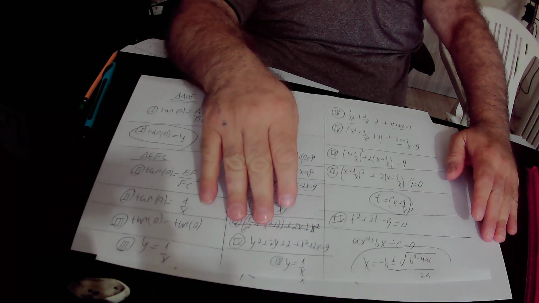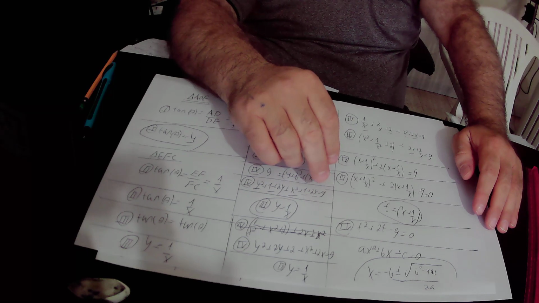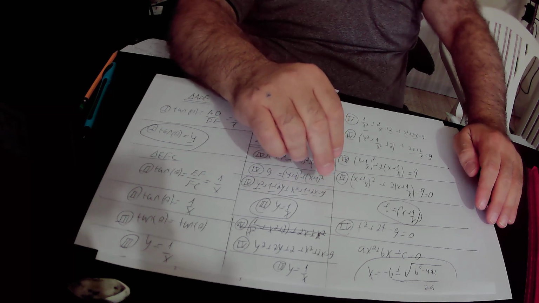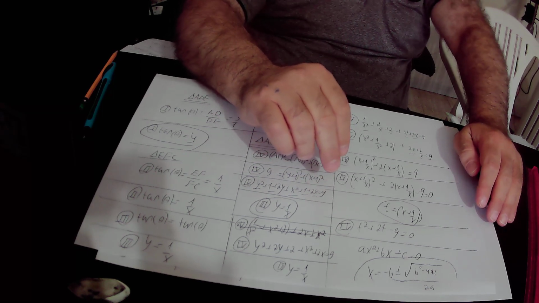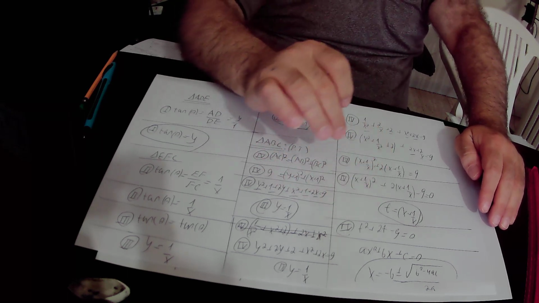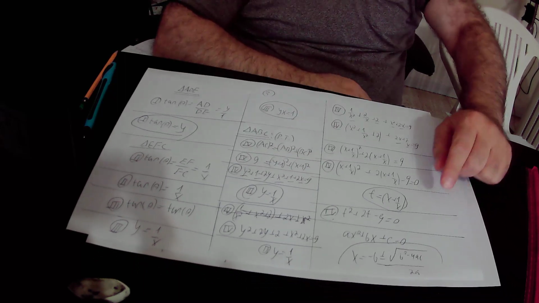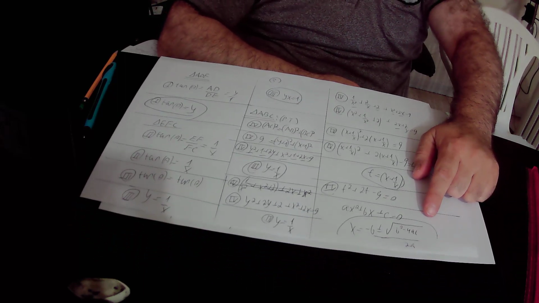So we have here a quadratic equation, and the general formula for a quadratic equation is ax squared plus bx plus c equals 0. A, b, and c are the coefficients of the quadratic equation, and x is the variable that we are looking for, and we will find out the value of x according to a special formula for x.